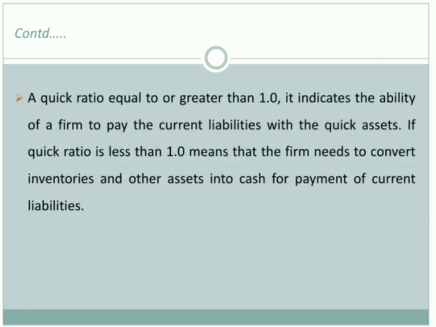A quick ratio equal to or greater than 1 indicates the ability of a firm to pay its current liabilities with the quick assets. If the quick ratio is less than 1, that means the firm needs to convert some inventories or other assets into cash for payment of current liabilities under emergency conditions. So that is important.